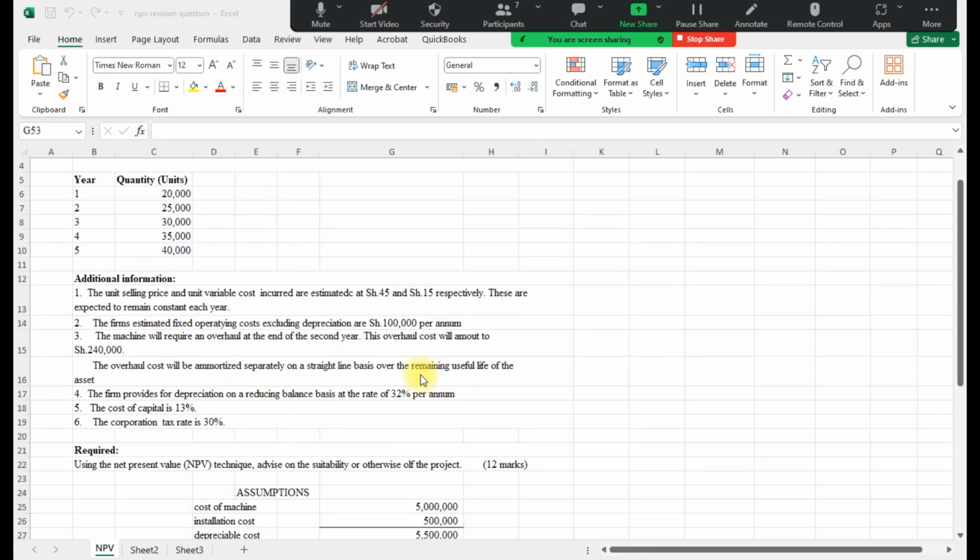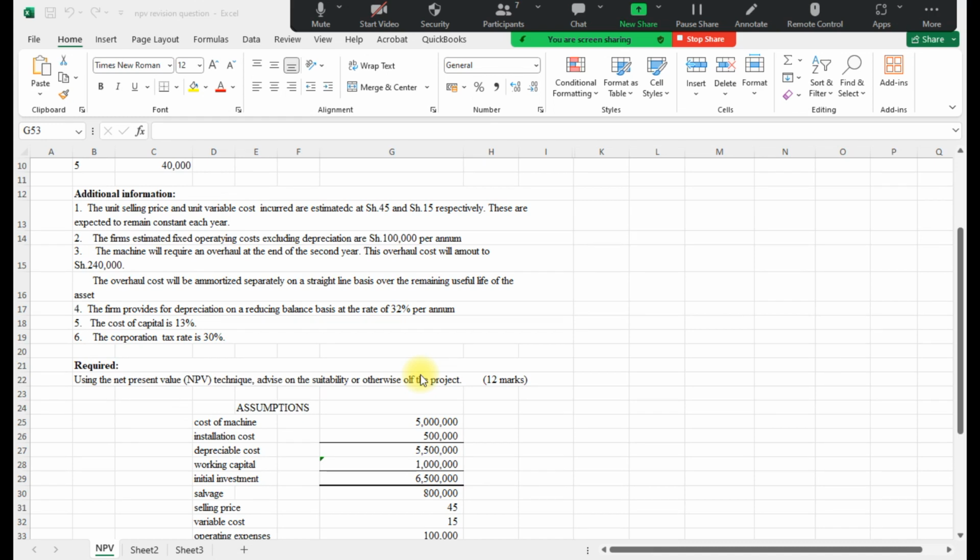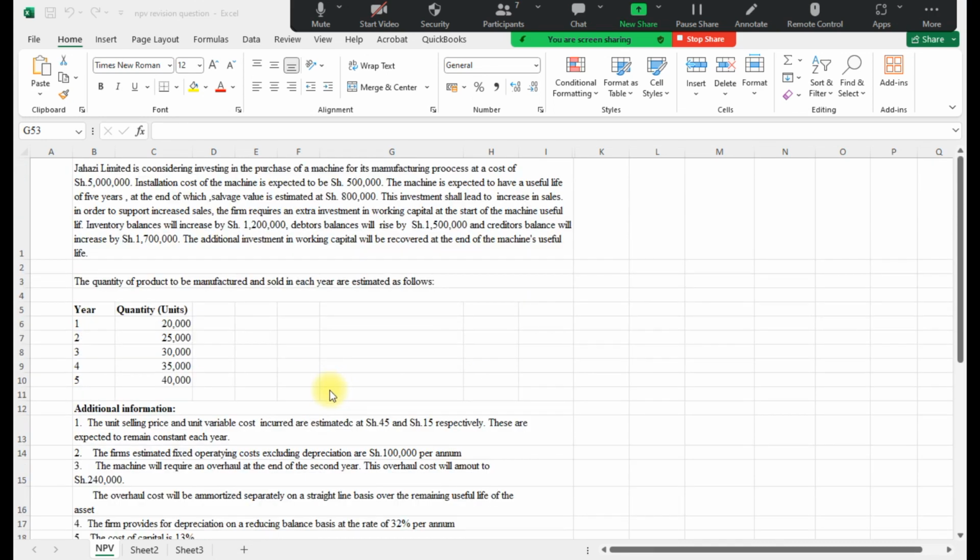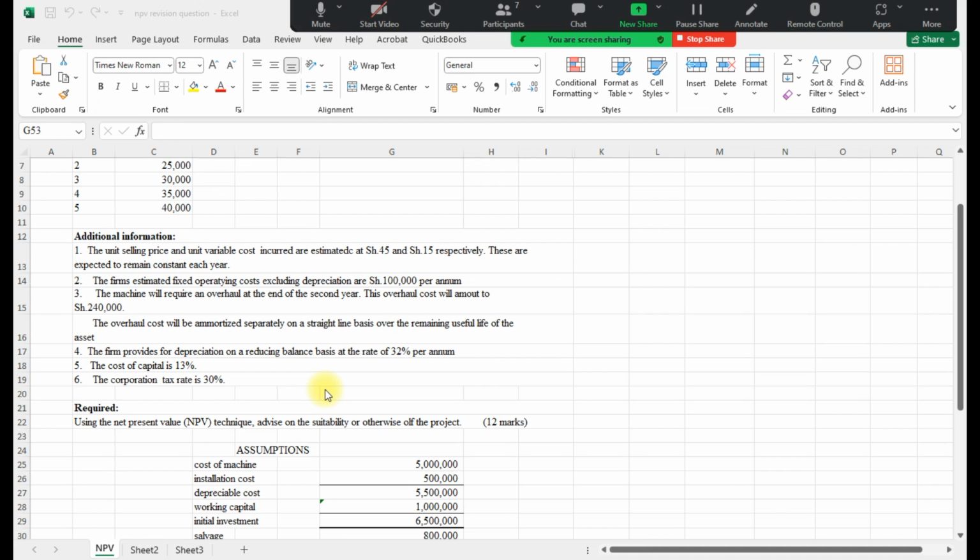Getting the initial costs, we had the cost of machine, which we have been given as 5 million. Then we had the installation cost of 500,000.